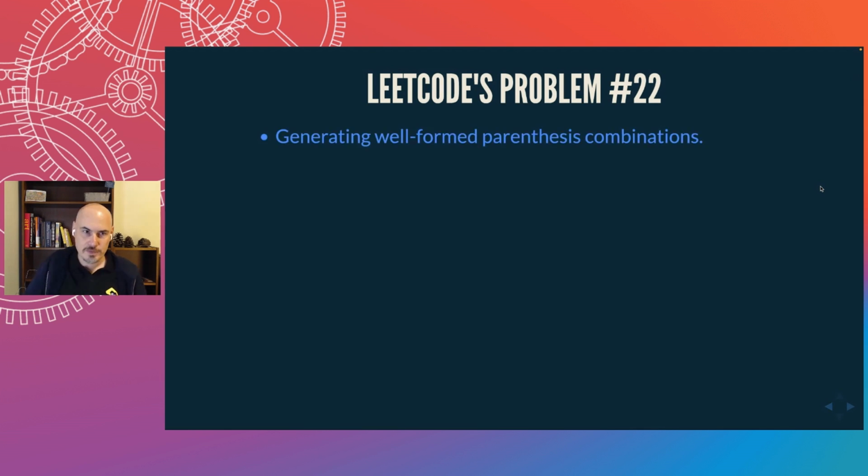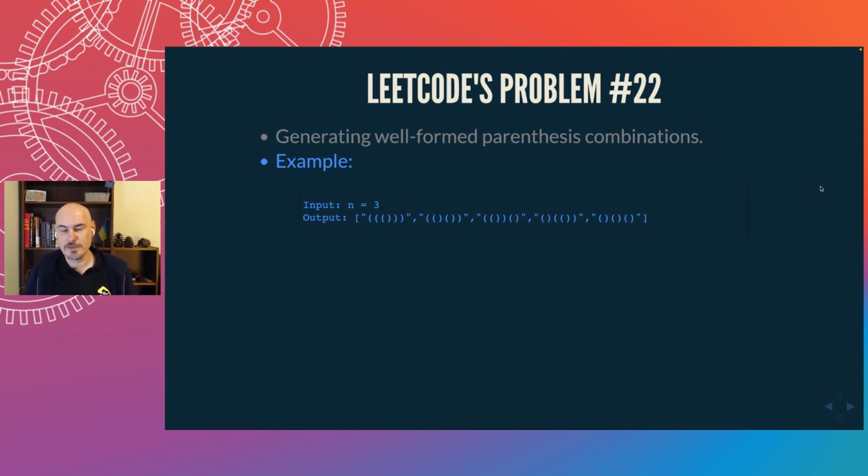This problem is about generating well-formed parentheses combinations. We have opening parentheses and closing parentheses, and we put them together to make them well-formed. For example, if we have 3 pairs of parentheses, then here you can see the output. We have 5 possible well-formed combinations here.